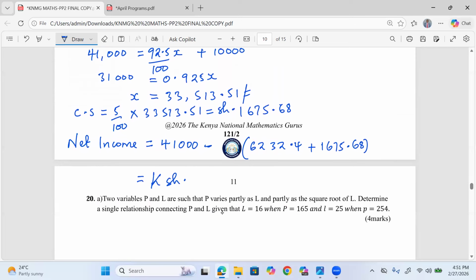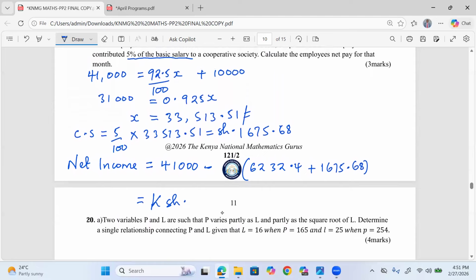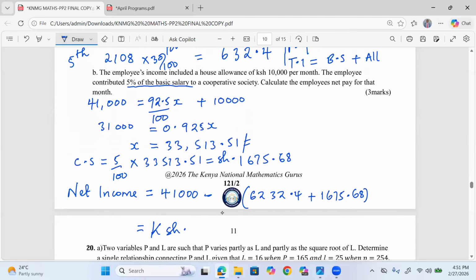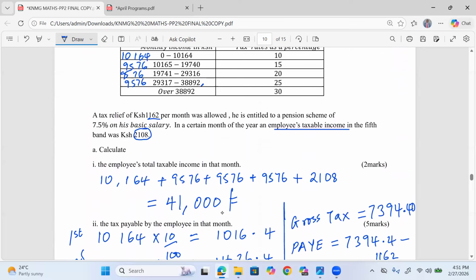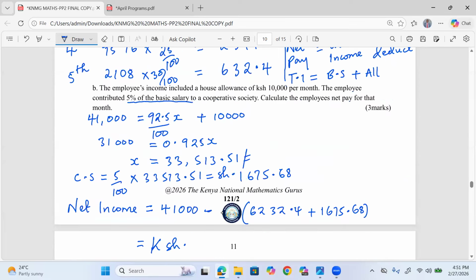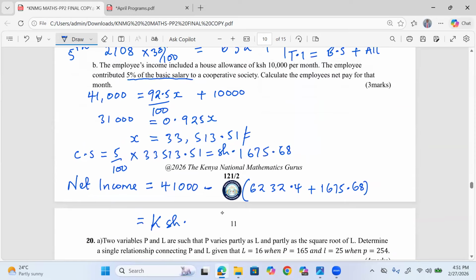Remember, we said pension is not contained in the taxable income. So that is why we excluded it. It is not inside our taxable income.